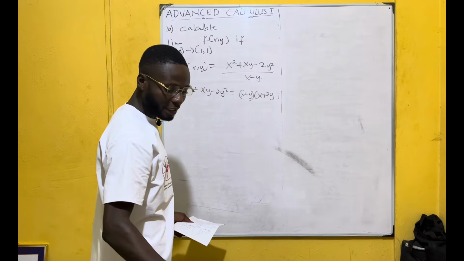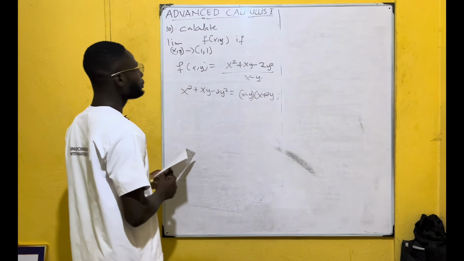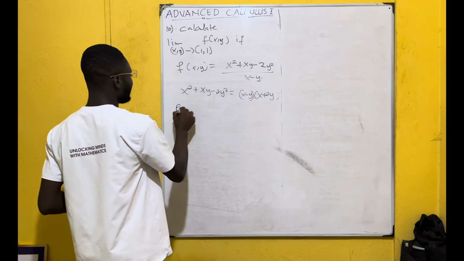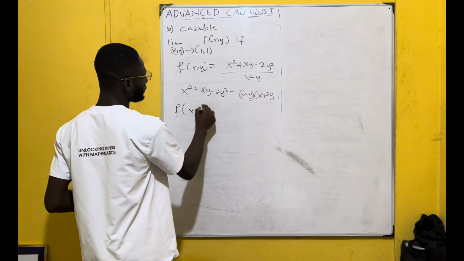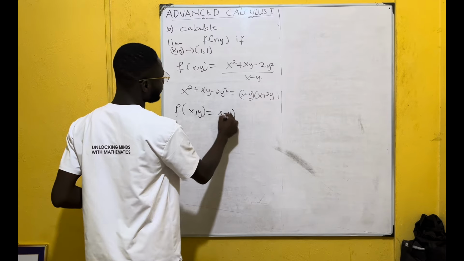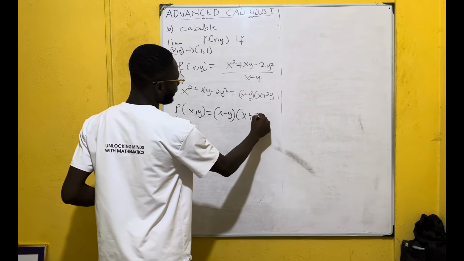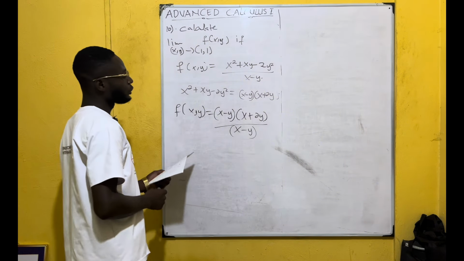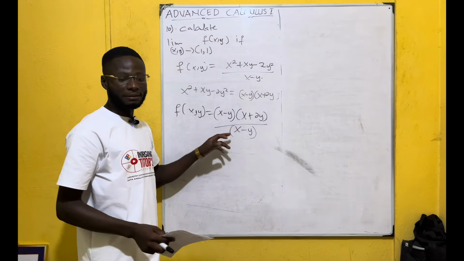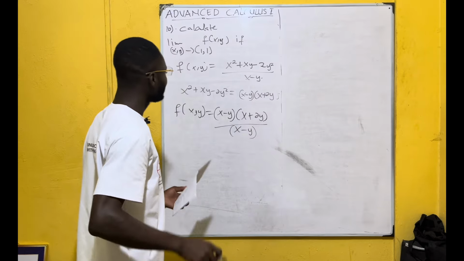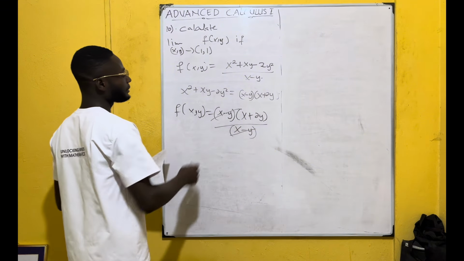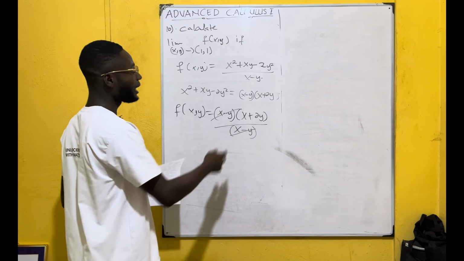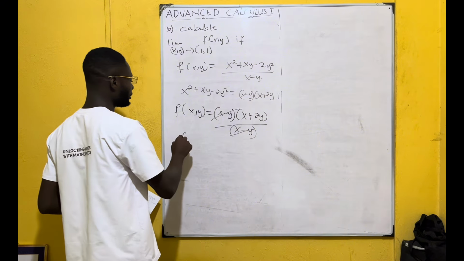So once we know that, the next thing to do is to put it back and then do some cancellations. So we have f of x and y equal to x minus y times x plus 2y divided by x minus y. You can see that we have some common terms that can cancel out. So we cancel this, and then we only have x plus 2y. Now we have a direct substitution expression.